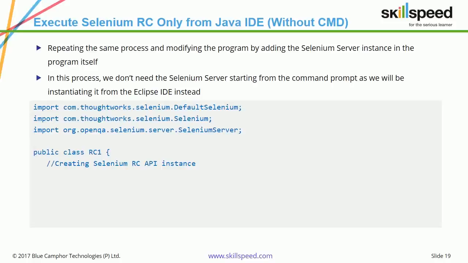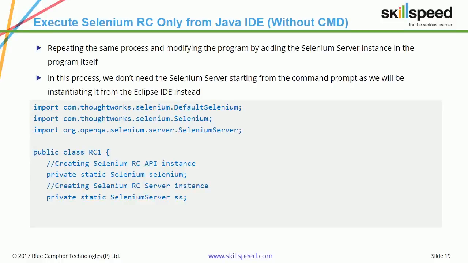The program goes like this: public class RCdemo, or the demo class, the class name whatever you've given, in which we have the instantiation of private static Selenium, which is for the Selenium RC API instantiation. Then we are creating the instance for the Selenium RC server using private static SeleniumServer ss.